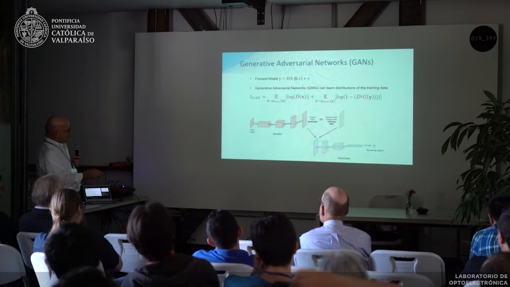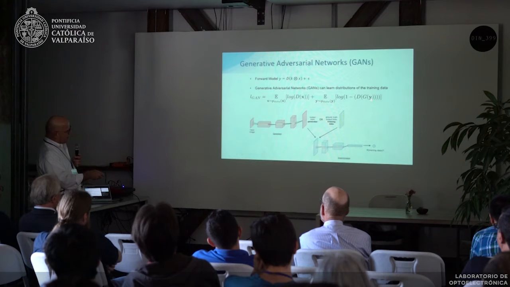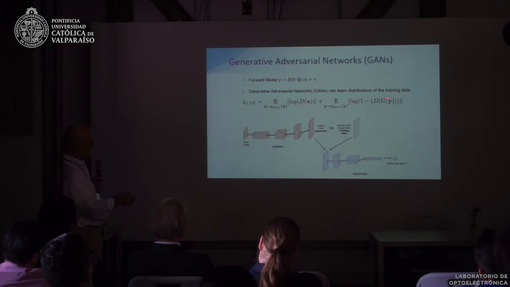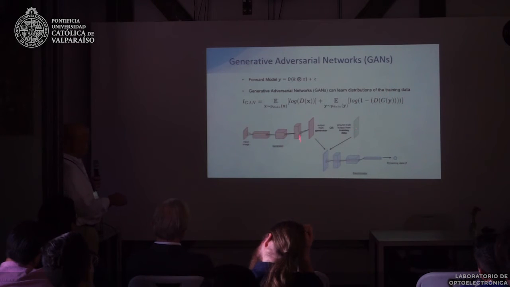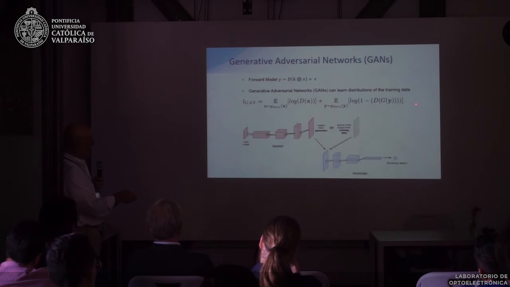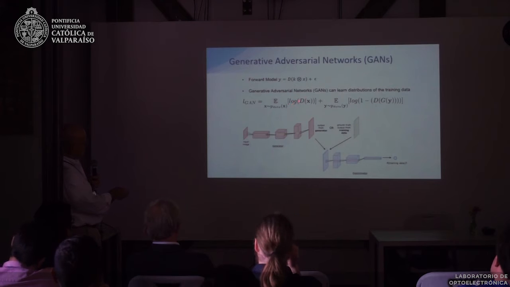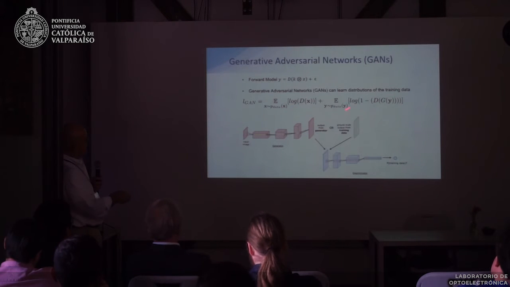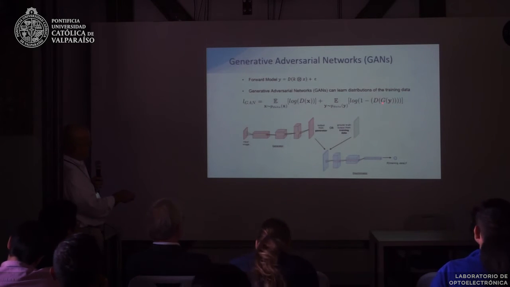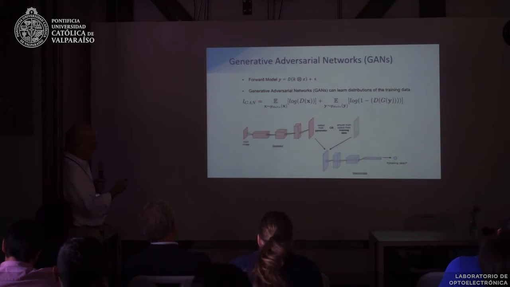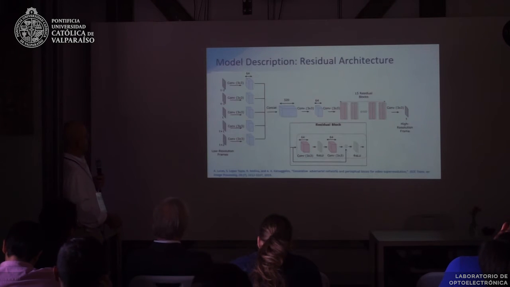And this is 1 if the generator, which has a low-res image as input, generates an image that the discriminator says is a real image, so 1 minus 1 is 0. When you train the discriminator, you try to maximize that. It's a min-max problem. So if this is 0, the discriminator is saying that this is fake, so this term is going to be 1, and the maximum of this expression is equal to 0. Anyway, you train these two networks.